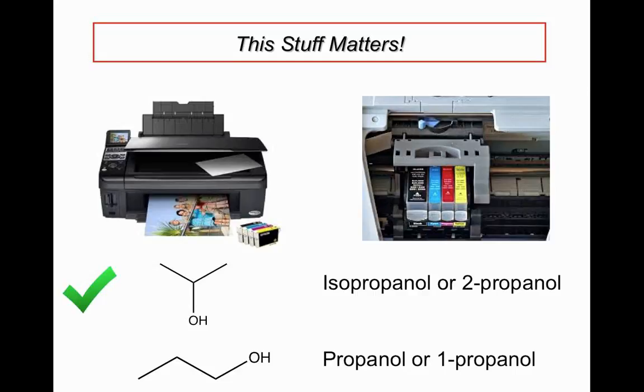Modern inkjet printers use isopropanol because the boiling point is much lower than that of regular propanol. With its lower boiling point, isopropanol-based inks dry much faster than propanol-based inks. Because of this, we can get much cleaner ink prints out with much less run on the page, which makes isopropanol the solvent of choice for most brands of inkjet printer ink.